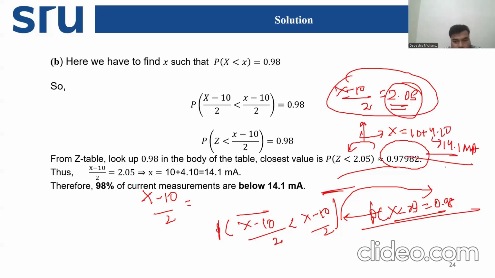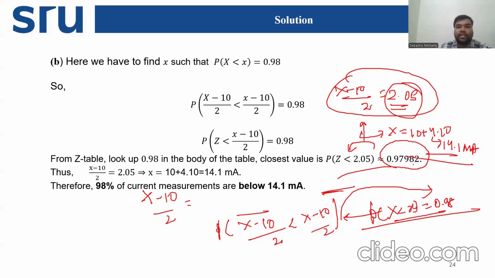Okay, students. Now you are getting what I want to explain. Whenever the 98% current measurement comes, it will definitely be below 14.1 milliampere. So in this question, we need to calculate the x value.